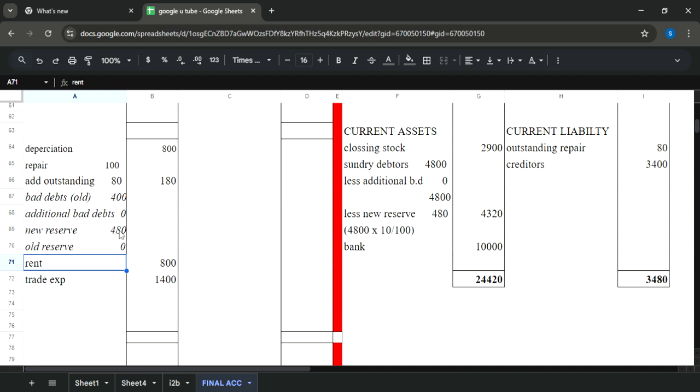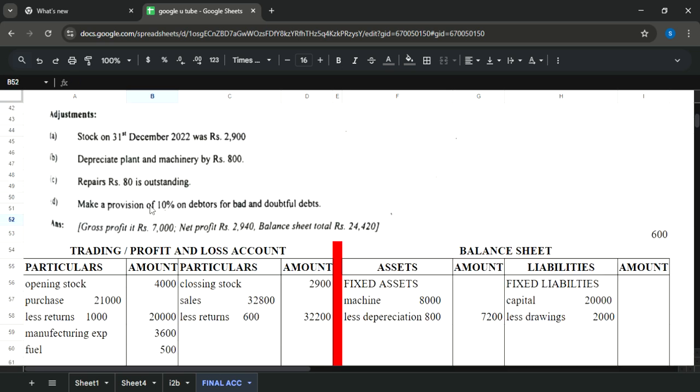Only bad debts and new reserve were present. So the first three amounts would be added. 400 was the first amount. Then the second amount was 0. The third amount was 480. And the fourth amount is to be subtracted, which is 0. So we have got 880. It means this transaction is also completed.